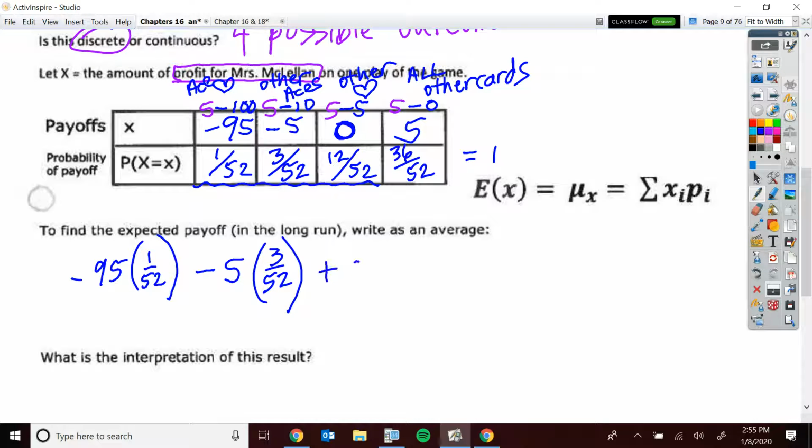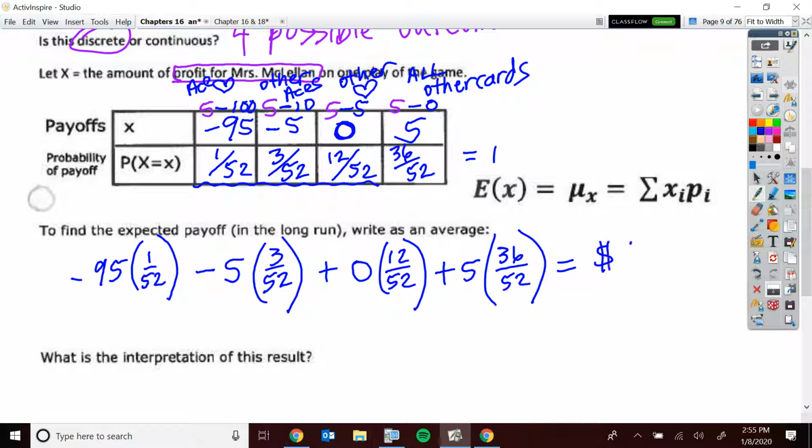And I will break even 12/52 of the time and make $5 36/52 of the time. I'm going to add all that up and I'm going to tell you, because I'm sure you can compute, it's $1.35.